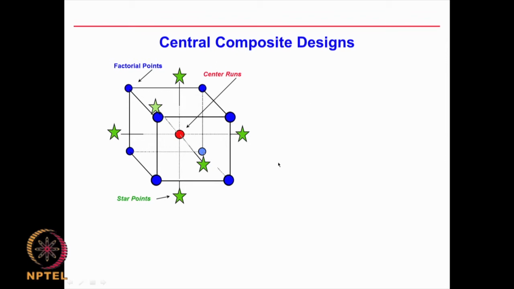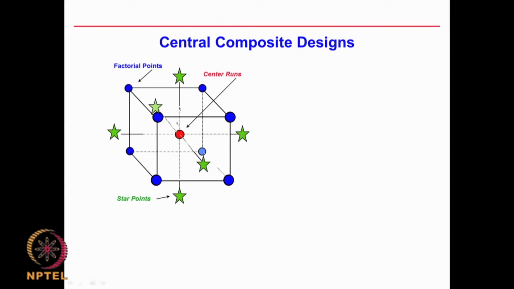This is better than a 3 power 3 type of design, a full factorial design with 3 levels and 3 factors, that will be 3 into 3 into 3 is 27, whereas with 15 experiments I am able to change each of the factors at 5 levels, whereas a 3 power 3 design will change each of the factors at only 3 levels.